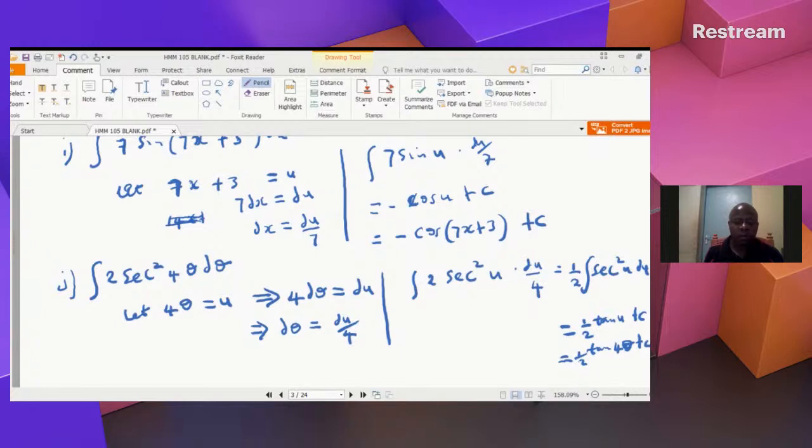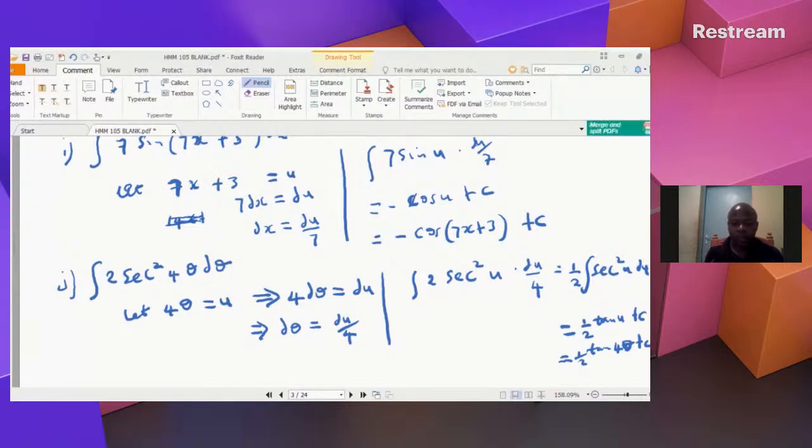Then we go to integration of definite integrals. Of course, what we are doing now are indefinite integrals because they have no limits. So we want to go and do those that have limits.